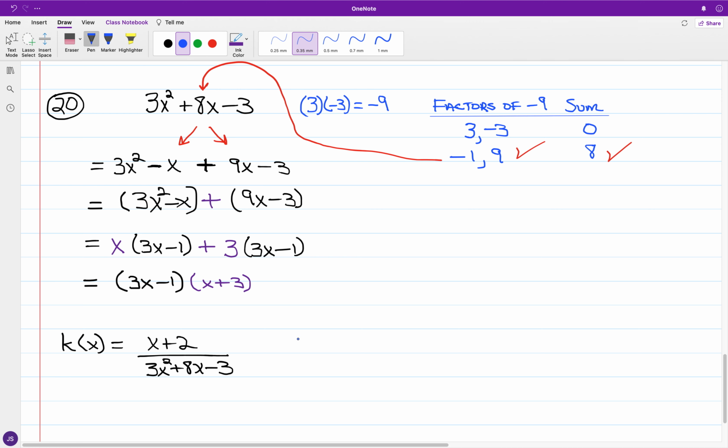If 3x squared plus 8x minus 3 cannot be 0, then once again looking at factoring, the quantity 3x minus 1 times x plus 3 cannot be 0.